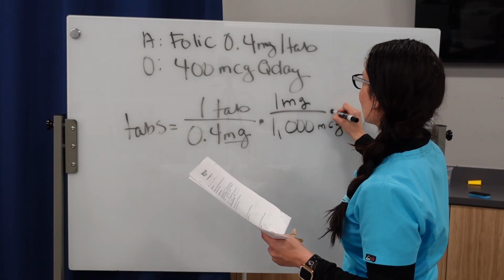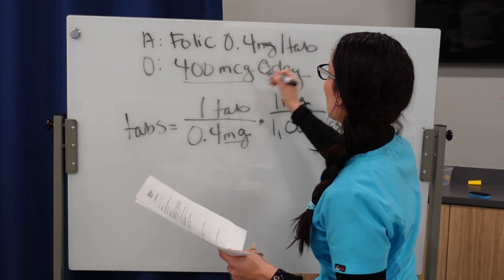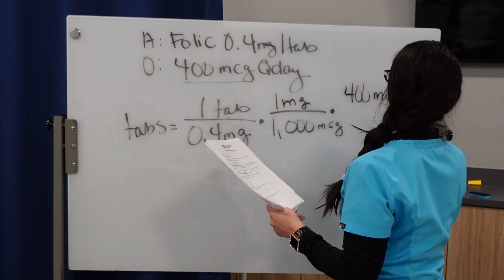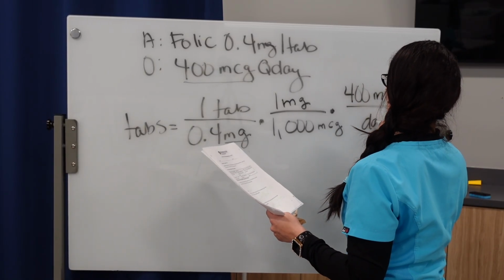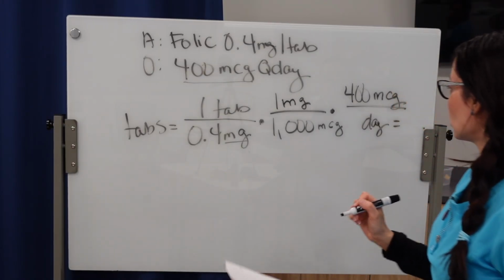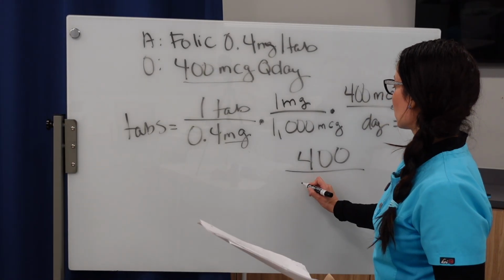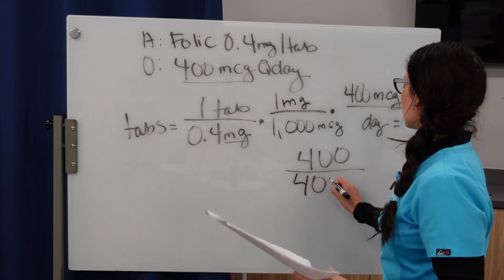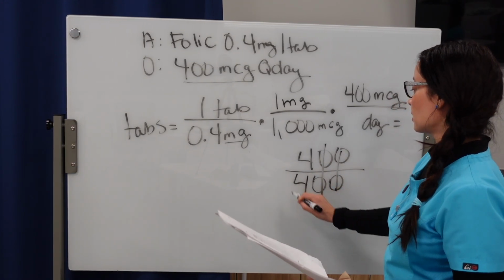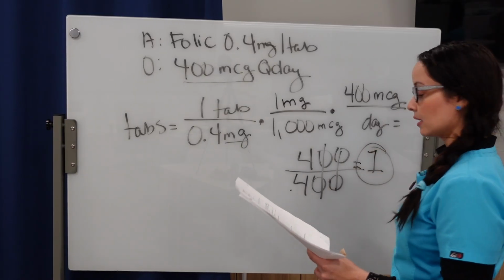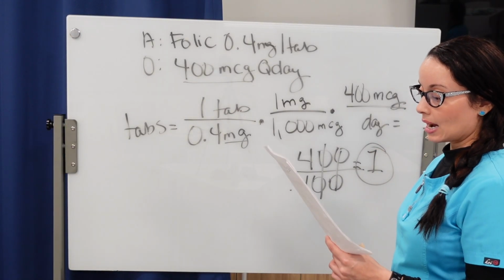And then times the last part of the problem, the 400 micrograms a day equals. When you do all of that across, you're going to get 400 over 400. Once again, you cross out the zeros. 4 divided by 4 just equals 1. So once again, you are giving 1 tablet.